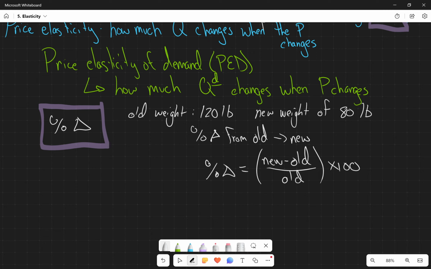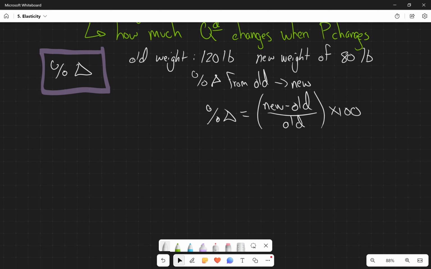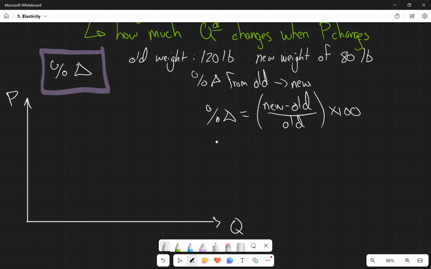The problem is when we're dealing with economics, and specifically with supply and demand graphs, we are not always marching along in the direction of greater quantity.